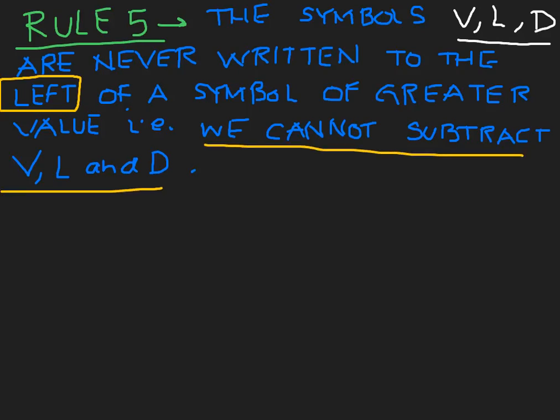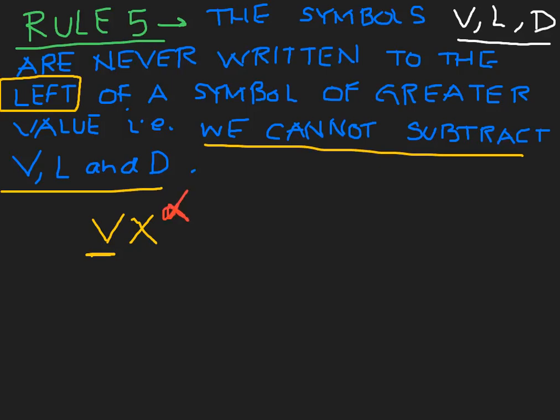Okay, what does this mean? If I write a symbol X, X means 10, and if I write V to its left like this, this is wrong. The symbol V will never be on the left of a bigger symbol. This symbol cannot be on the left side of this symbol, so this is wrong. I cannot write like this.